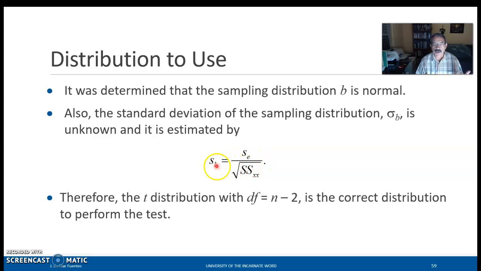Because we are replacing this population standard deviation with a sample standard deviation, and we have a normal sampling distribution, we can say that the t distribution is applicable, in this case with n-2 degrees of freedom.